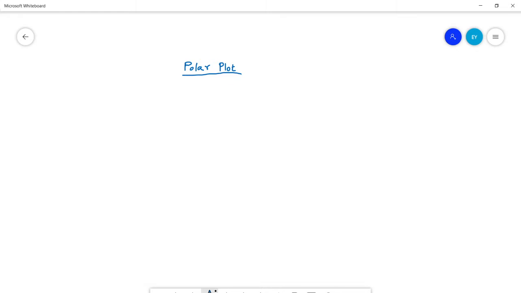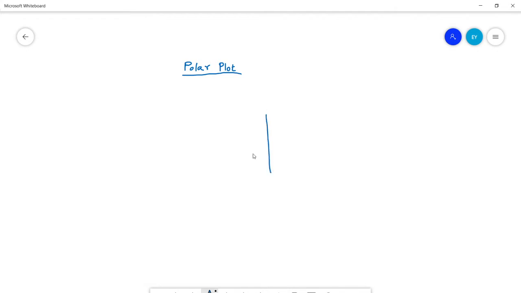So a polar plot is a plot which represents a point or a locus, or a plot, in polar form. That is, it has a magnitude and a phase, right? Before starting this, I'll give a small introduction to Cartesian and polar coordinates, so that it will be clear when we are plotting polar.